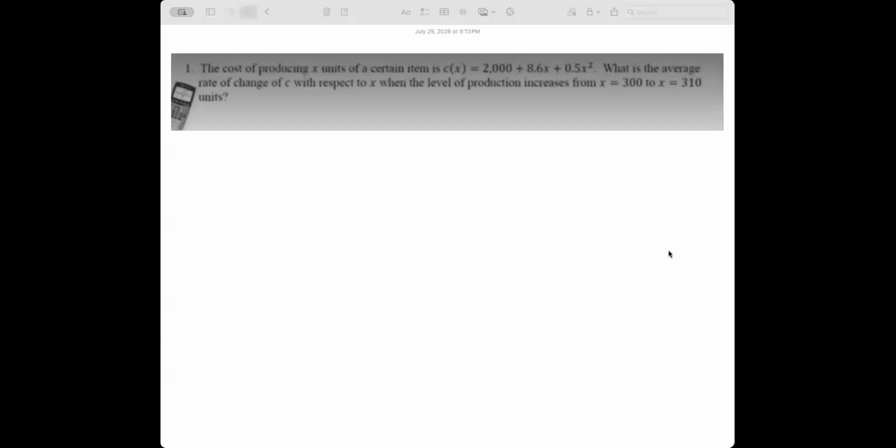You can use the calculator, but let me know the answer. You're just going to calculate, you're not going to limit h tending to 0 or anything, but then you're just going to find that slope of the secant. Okay. Yep. There is one problem that we have already done that I'm going to put here.